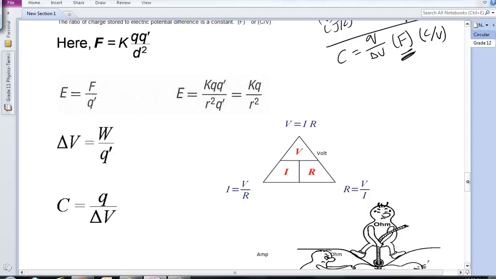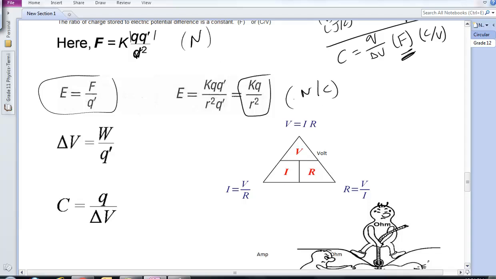And these are some of the laws. Here this is Coulomb's law, Kc Q1 Q2 over R square. We don't use D, we use R square, so change this. And here we use E equals F over Q or Kc Q over R square, and this is measured in newtons per coulomb.